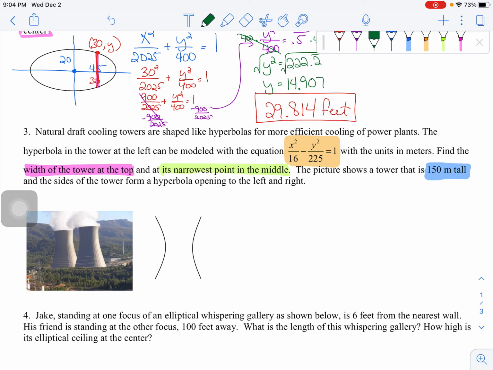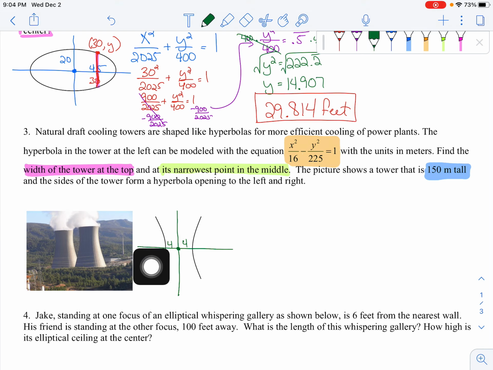All right. So we already know we have our equation. And our equation has the center at 0, 0. So I'm going to go ahead and split our little hyperbola here. Here's our center, okay? And if we were to need to graph these, we would take from the center and count our transverse axis. We would take 16, take its square root, and we would get an a value of 4. So that's this horizontal distance right here. It's 4.